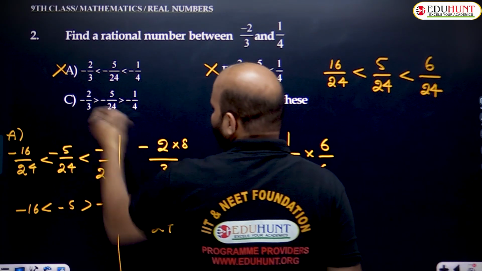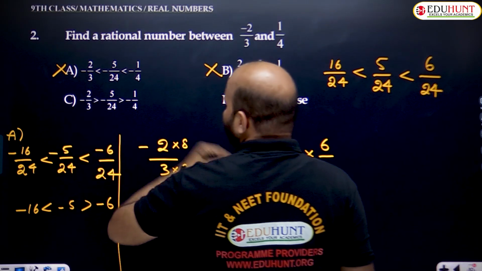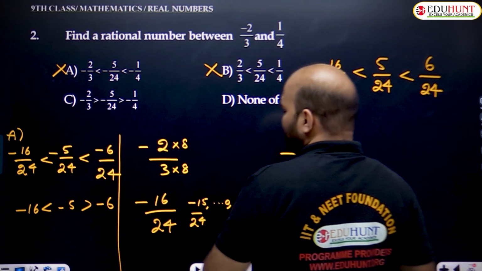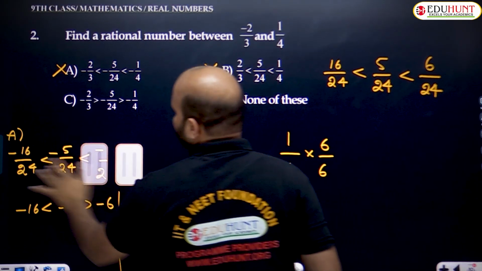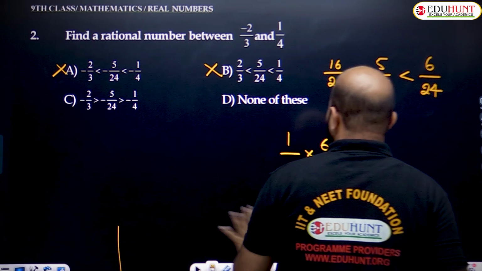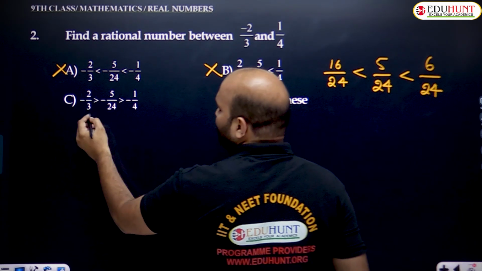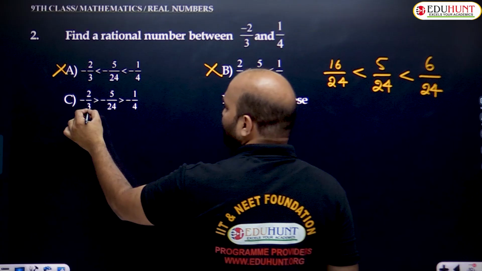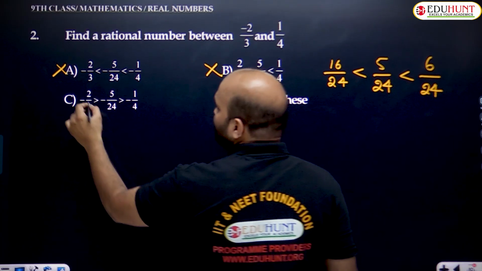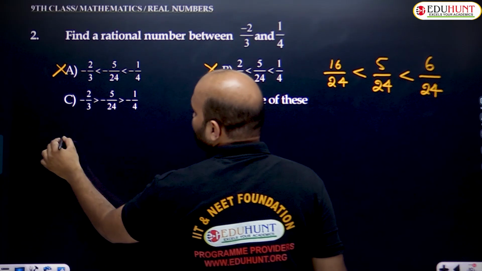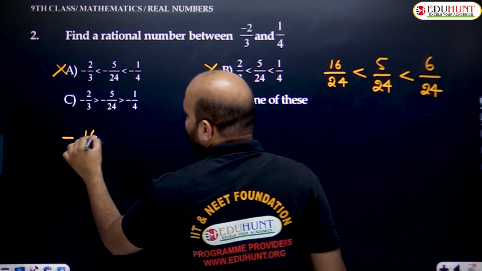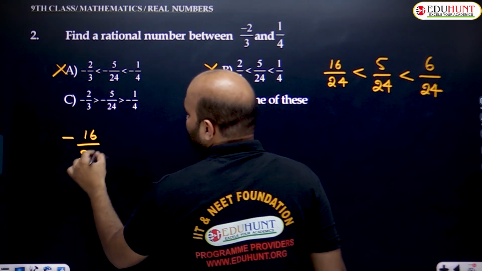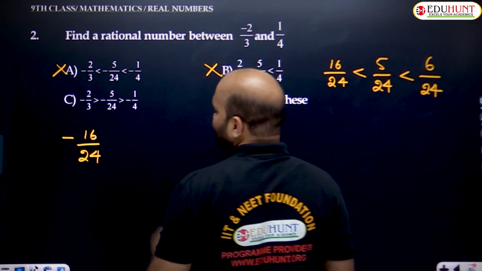So minus 2 by 3, here minus 5 by 24, here minus 1 by 4 given. So clearly we need to understand. Option C, all denominators will be converted. We can express 3 as 24, nothing but 3 how many is 24? 8s. So both sides multiplied by 8. So 2 8s are 16, 3 8s are 24. So in between what I am given, minus value, okay.